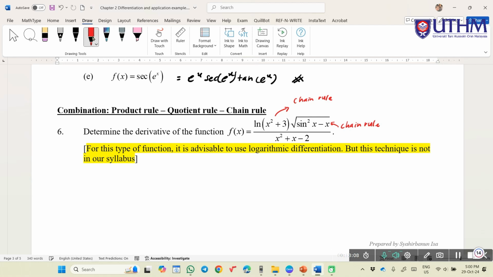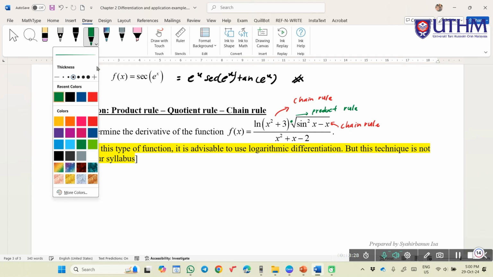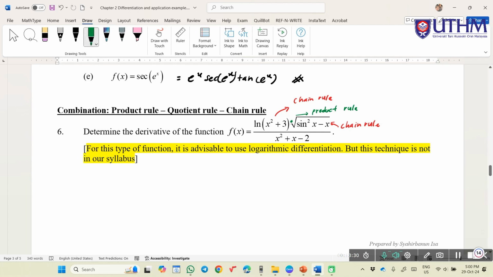Because the numerator is a product, we need to use the product rule here.